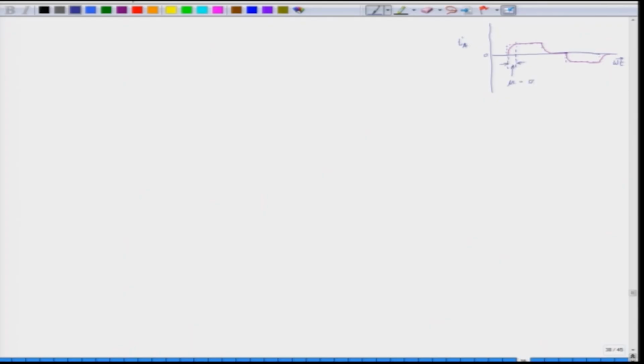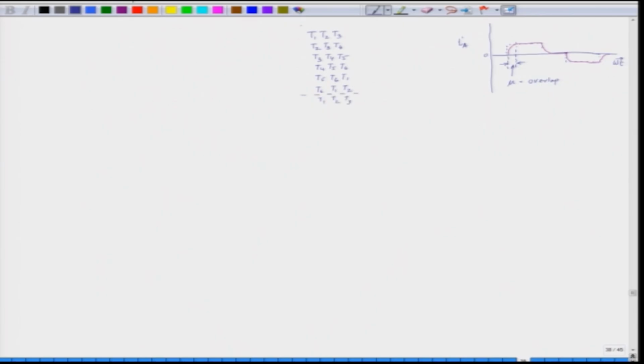Because of this delay we have the conduction of T1 T2 T3, T2 T3 T4, T3 T4 T5, T4 T5 T6, T5 T6 T1, T6 T1 T2, and then T1 T2 T3.